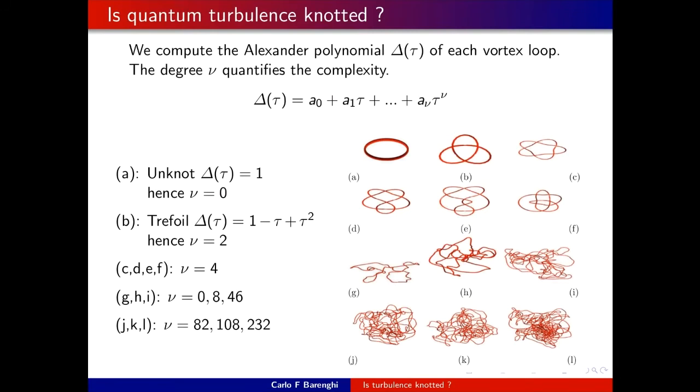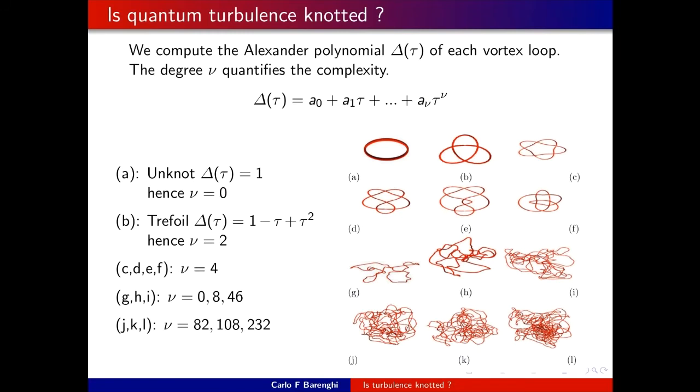We can associate to each geometrical loop, which is simply a line closed upon itself, an Alexander polynomial, which can be computed in a standard way described in books. This is not a one-to-one way of representing knots, but it does capture the complexity, because the degree of the polynomial typically tends to be very high for complicated knots.